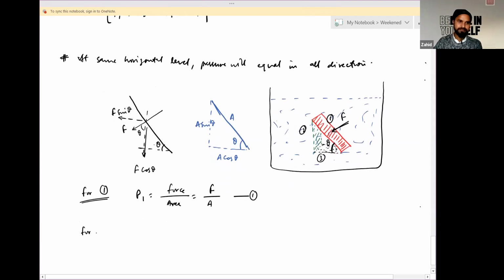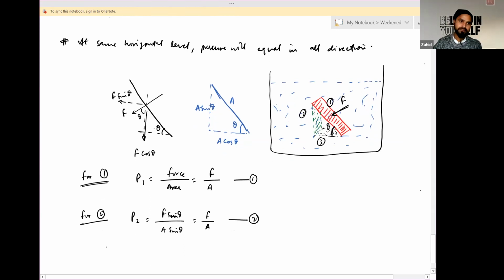Similarly, for surface 2, that is this perpendicular part, the force on that component is F sin theta, and the area of cross section is A sin theta. Sin theta and sin theta will cancel out, so it will be F by A, equation 2.